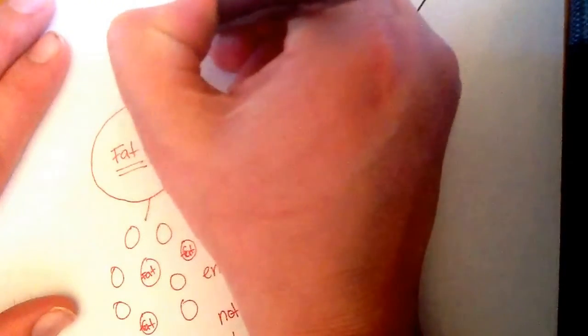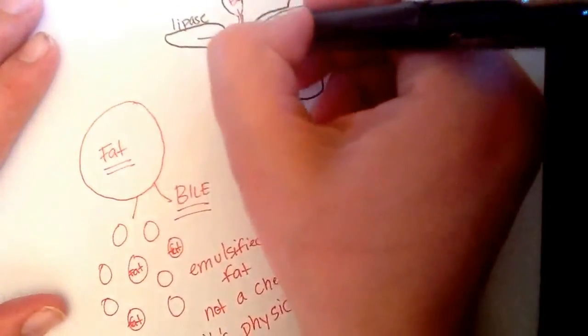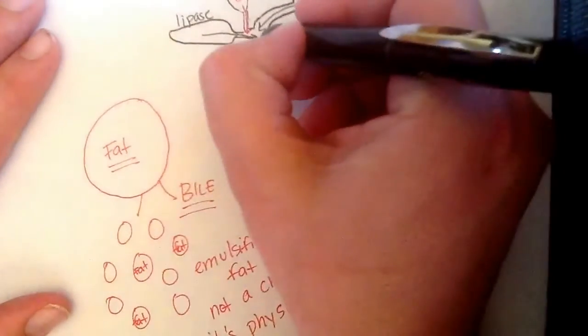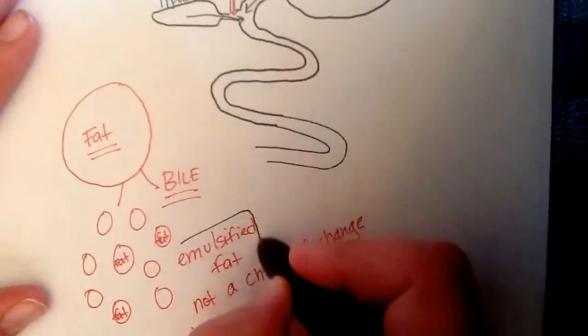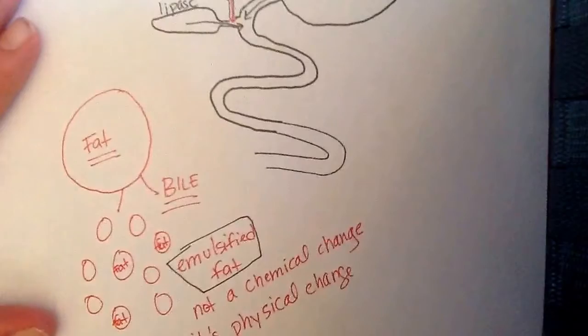And then here in the pancreas, we have an enzyme called lipase, and it comes out as well. And so the bile is going to turn this lipid into an emulsified fat. Okay, so it's going to turn it into an emulsified fat.